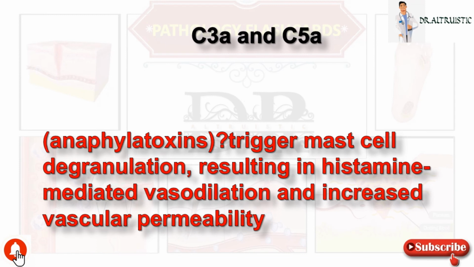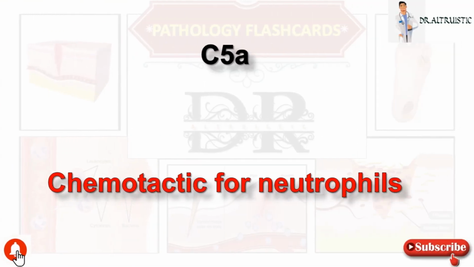C3a and C5a are anaphylatoxins. They trigger mast cell degranulation, resulting in histamine-mediated vasodilation and increased vascular permeability. C5a is chemotactic for neutrophils.